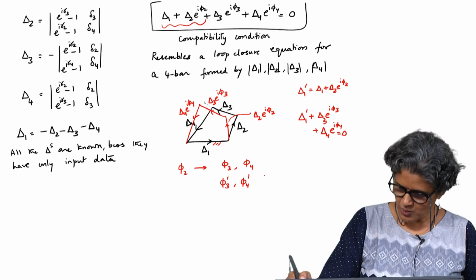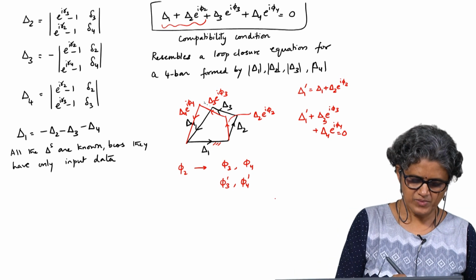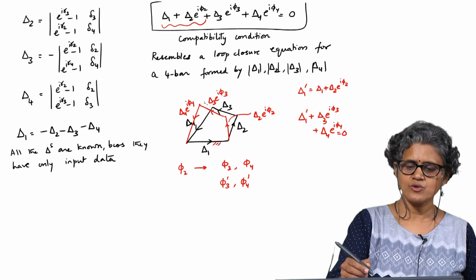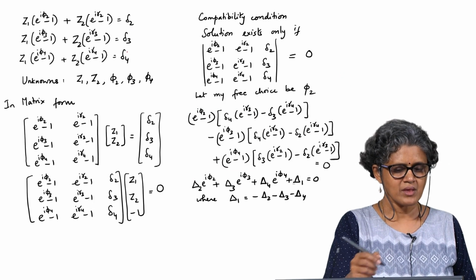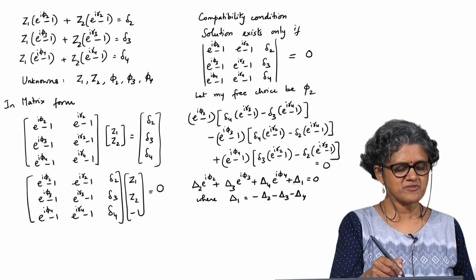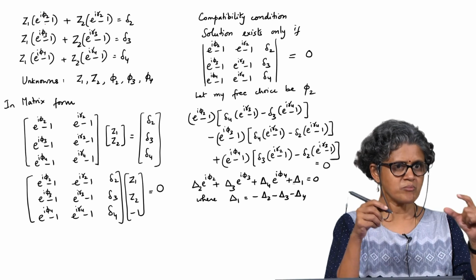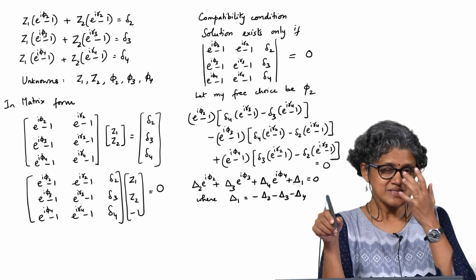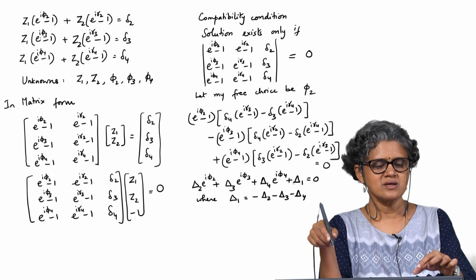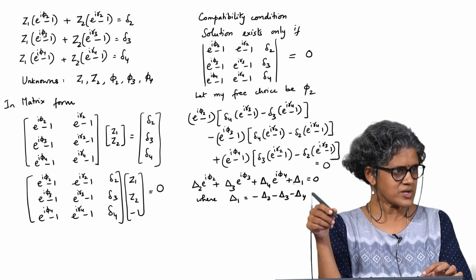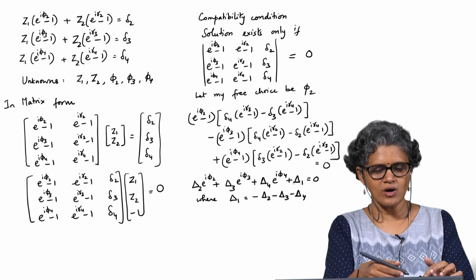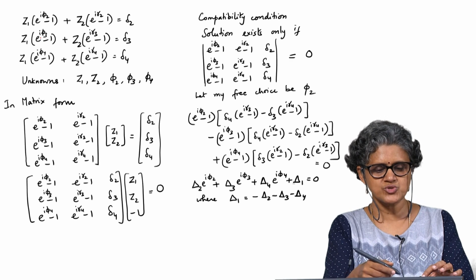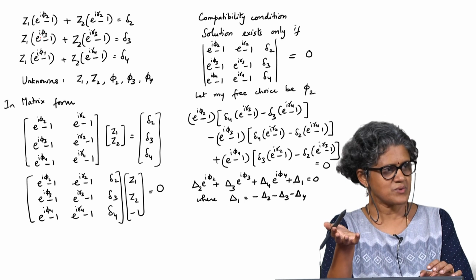Then once I get this, I can use 2 of these equations, 2 out of the 3 equations, because now I will have the specific phi 2, phi 3 combinations that will satisfy the compatibility condition. So, I can take any 2 of these equations, plug in the phi 2, phi 3, or depending on which equations I choose, and find the Z1 and Z2.